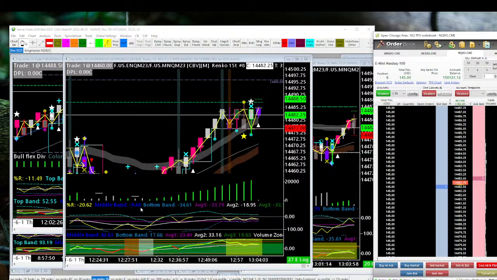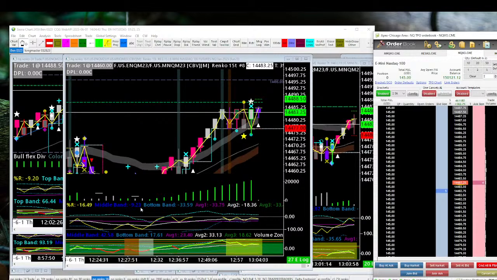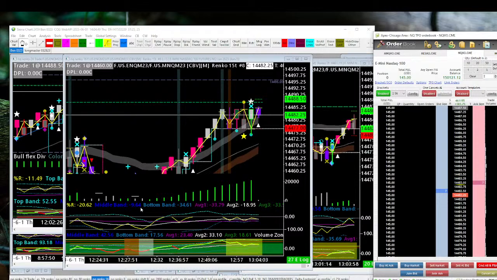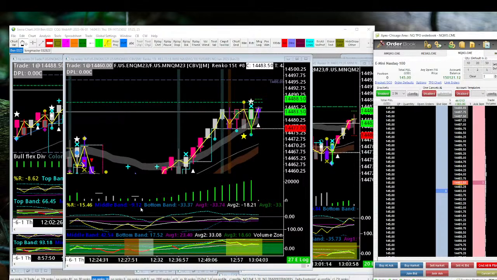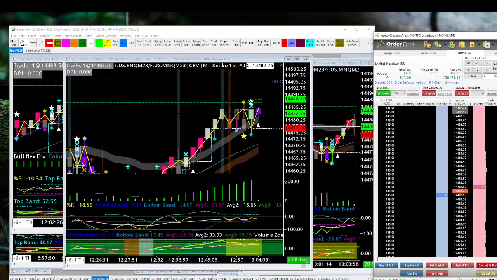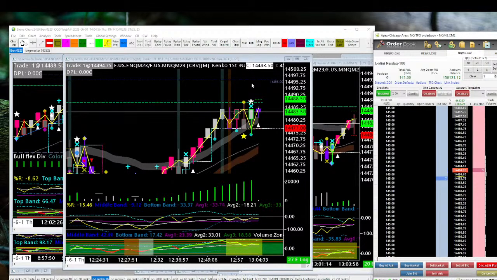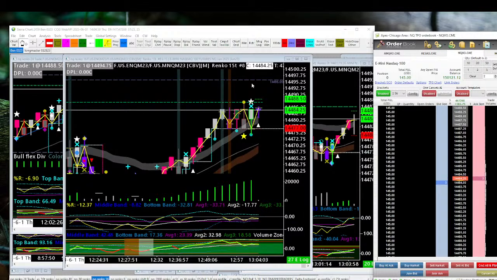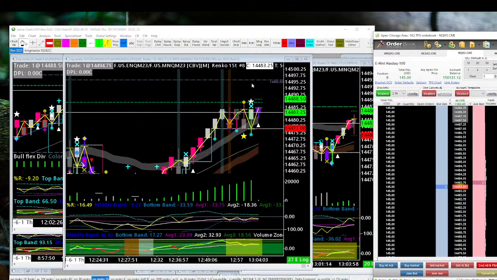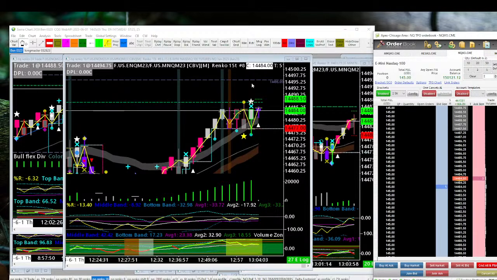Because it's a sign that there were sellers in an active area and buyers took them out. And in that case, with the star, they took them out aggressively. But just because there were sellers in an area and now there's buyers, it doesn't necessarily mean we're going higher.